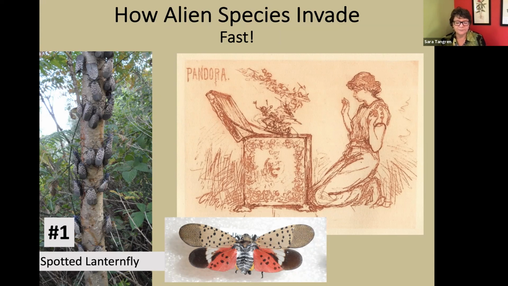Now it's in Pennsylvania, New York, New Jersey, Maryland, Virginia, and every place it goes, we try to contain it, because this is going to be bad for ecosystems, but it's especially bad for farms. The insects attack a lot of crops, and they're really hard on vineyards and orchards. So some come out of the box right away.